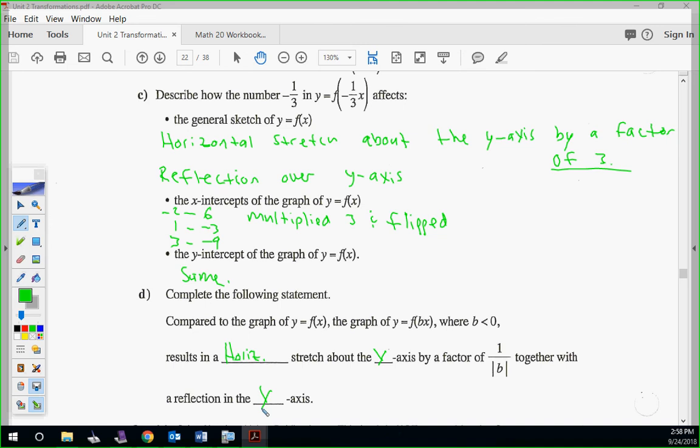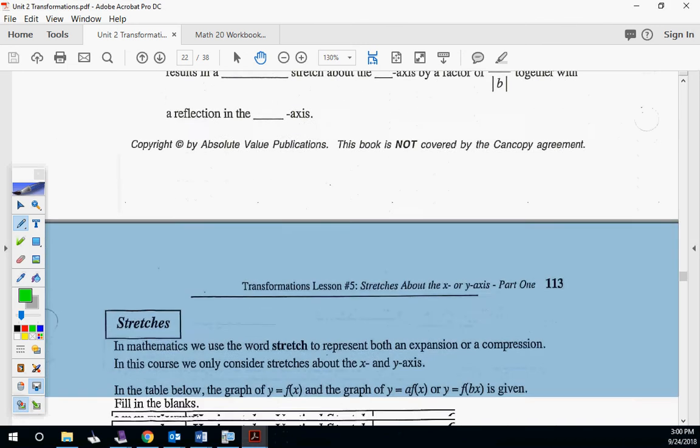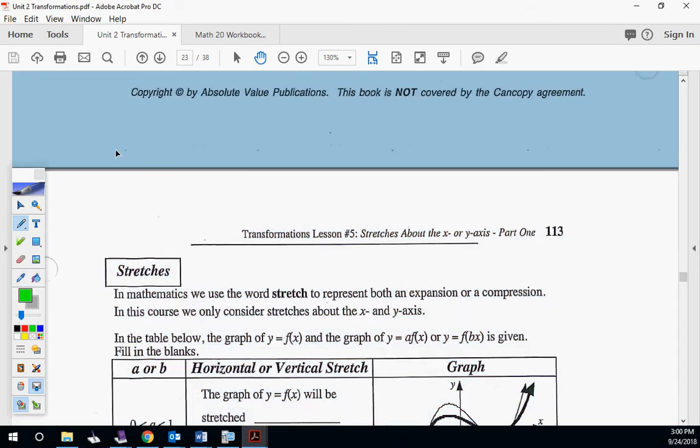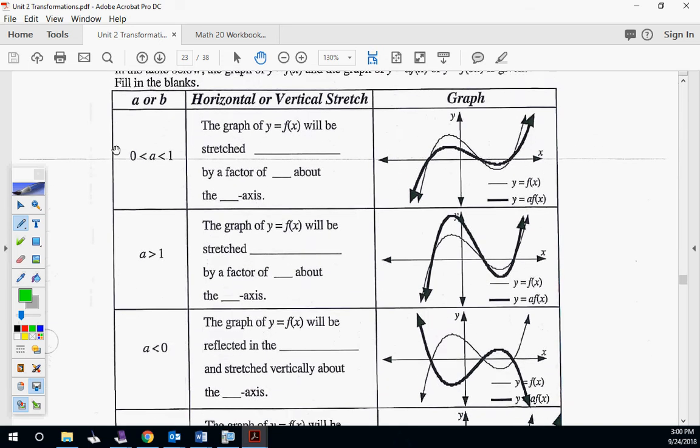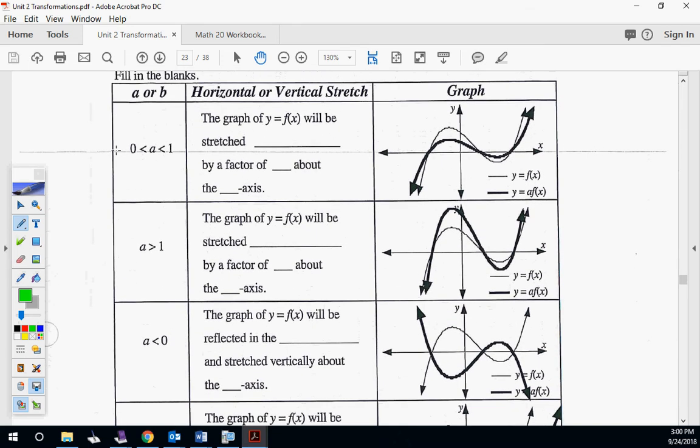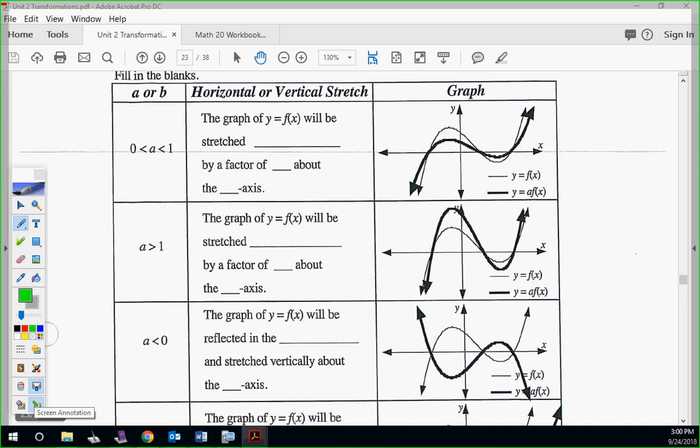Okay, so here's just this table that puts together what we've done. One thing I want you to add to this table that I think they should have: see how it says between 0 and 1 for A? If A is between 0 and 1, that's like smaller or wider, the stretch is going to be out more.